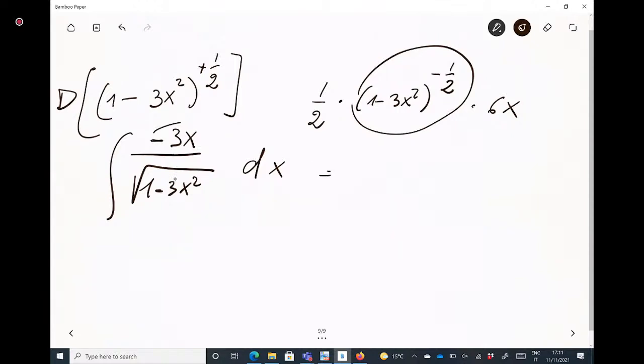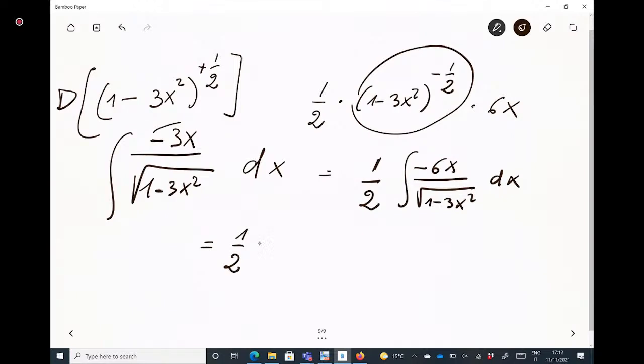Okay, so in this case we should have here minus 6x. We have minus 3x. Okay, so it is 1/2 times the integral of minus 6x over square root of 1 minus 3x squared dx. This is exactly the derivative of square root of 1 minus 3x squared, okay? So we have 1/2 square root of 1 minus 3x squared plus c, if I'm not wrong, okay?